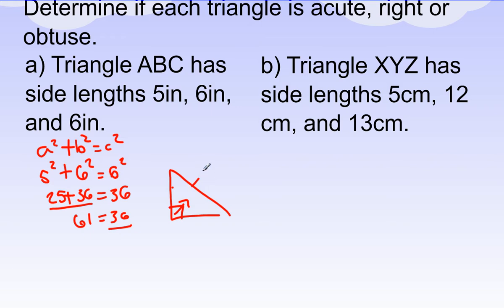Well, because this hypotenuse is too small, its angle is also too small. This is an acute triangle. And that's as simple as it is. Acute triangle.